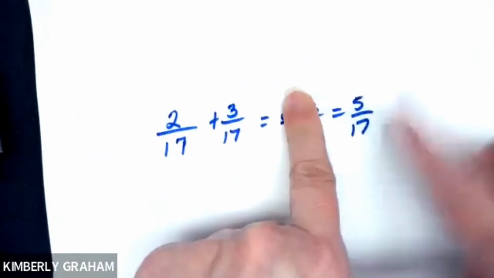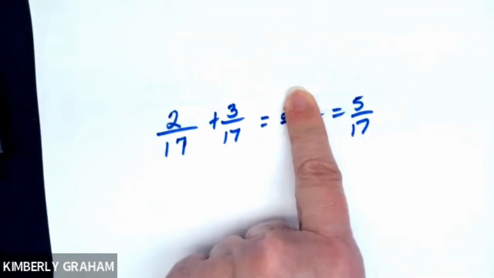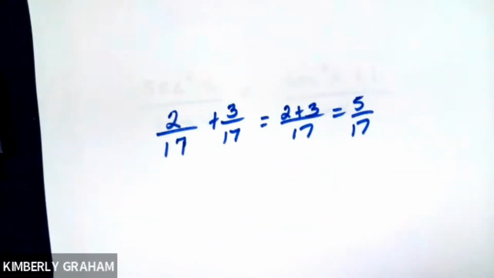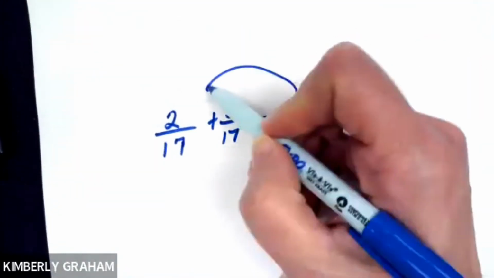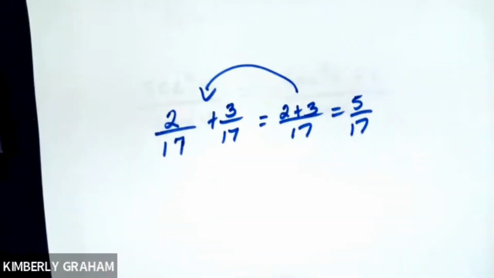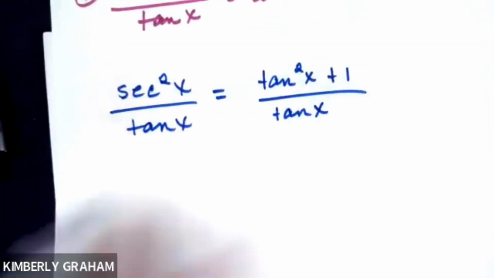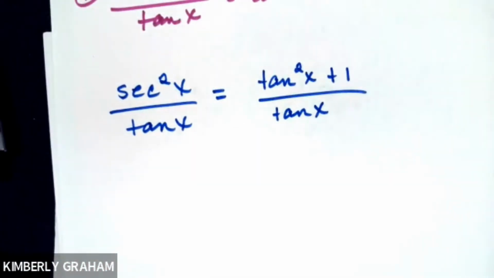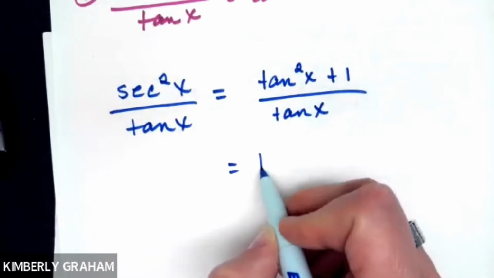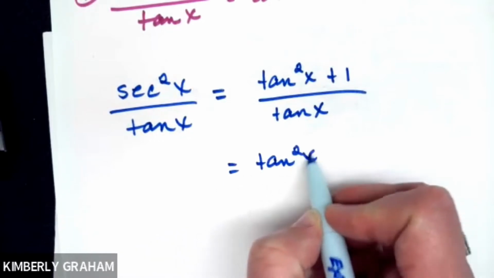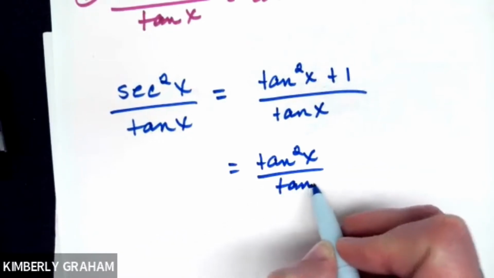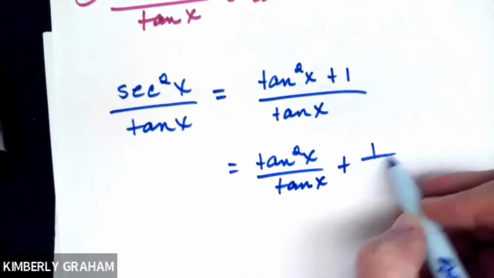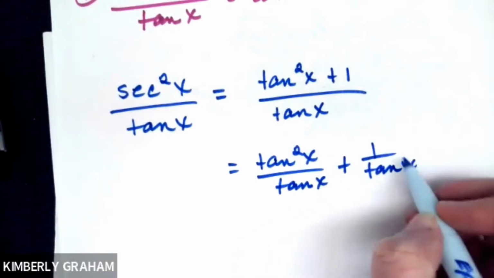You just add those two fractions, you get 5. Right? What I'm doing is starting here and going backwards. I'm just taking this and splitting this up into two different fractions. So I have tan squared x over tan x plus 1 over tan x.